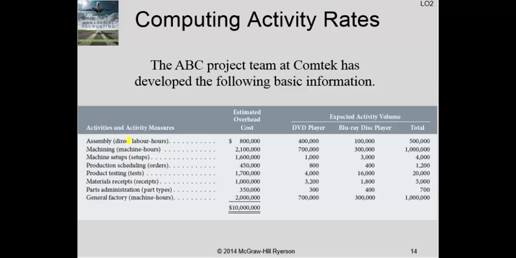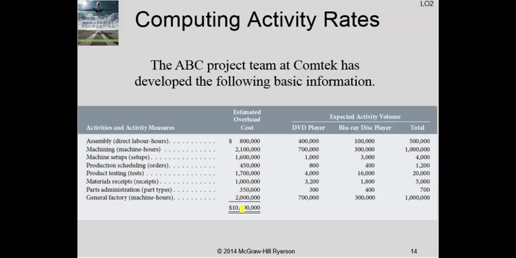So we've gone and looked at how our costs are incurred and grouped them into these separate activities, or cost pools, or activity pools. And then we figured out what would be a good driver. So for assembly, direct labor hours. For machining, machine hours, machine setups, number of setups, and so on.